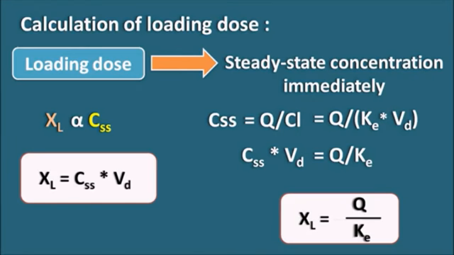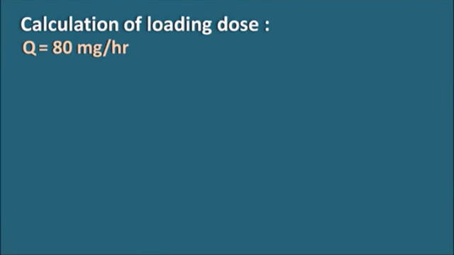So data given is Q 80 mg per hour, CSS 40 microgram per ml, VD is 10 liters and KE is 0.2 hour inverse. Now again, here it is in ml and here it is in liter, so we will multiply this value by 1000.